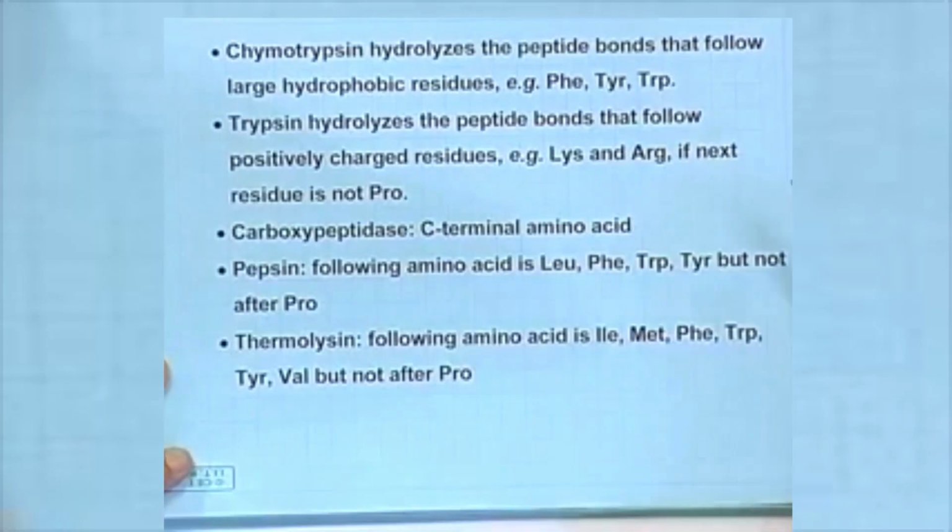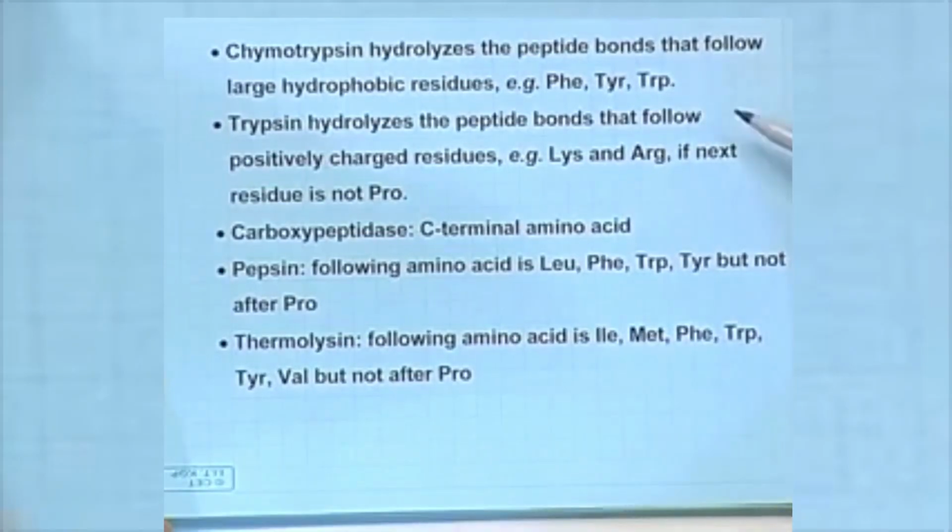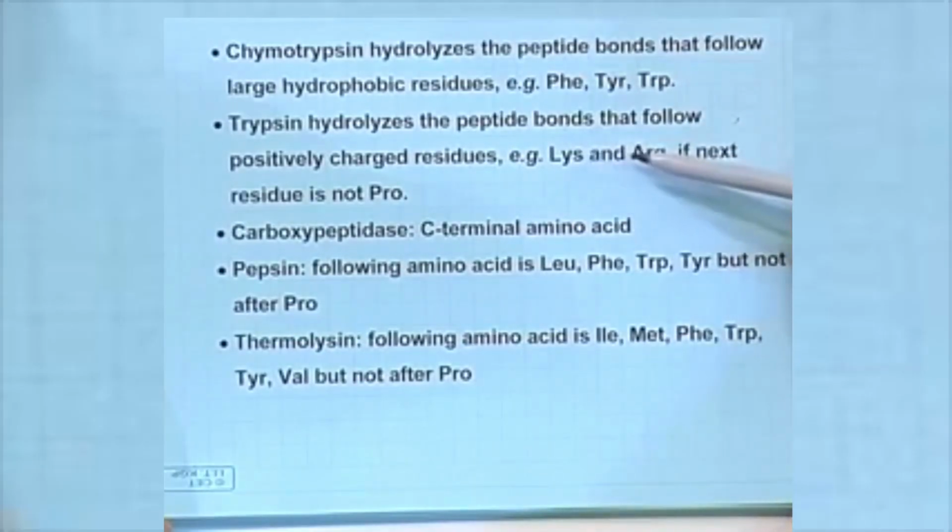What do we need? We need to know that chymotrypsin hydrolyzes the peptide bonds that follow large hydrophobic amino acids. What are they? Phenylalanine, tyrosine, tryptophan. We need to know that trypsin will hydrolyze peptide bonds that follow positively charged residues, that's lysine and arginine, if the next residue is not proline.